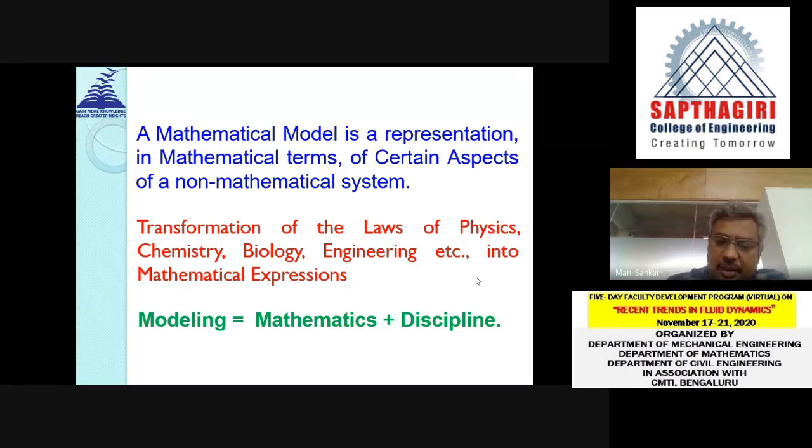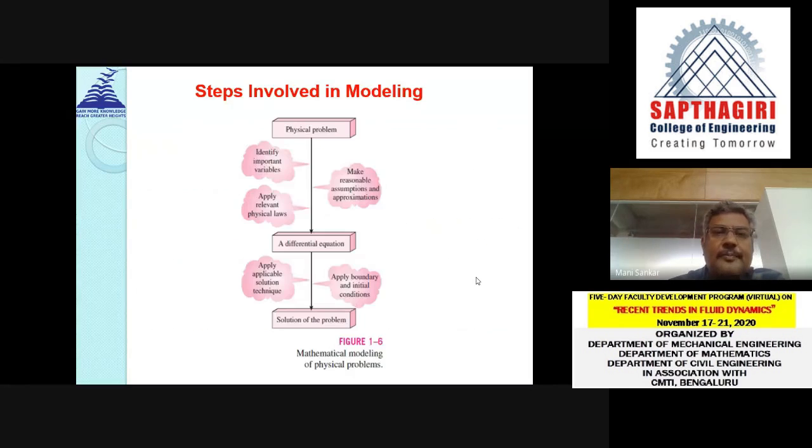So this is a brief idea of mathematical modeling, and these are the general steps involved when we try to solve a problem using mathematical modeling. You identify the physical problem, and in that physical problem, you have to identify the important variables. For example, in flow problems, we need to determine the velocity in different directions and the pressure.